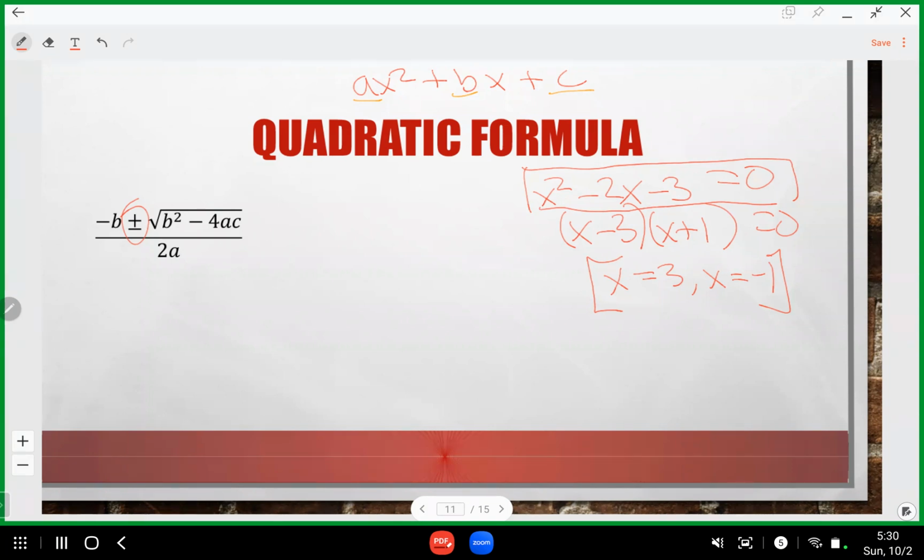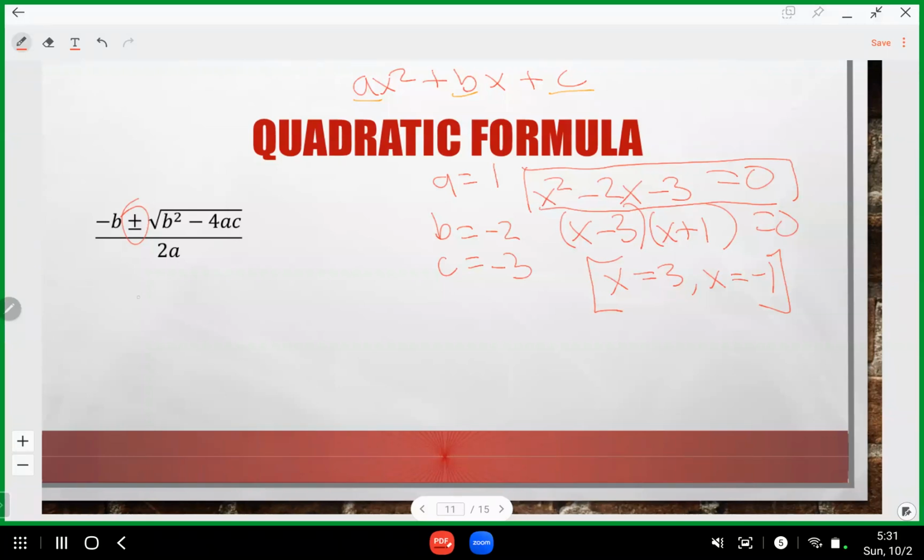All right, so now let's solve, all right? So while we're at it, William, what are the a, b, and c terms of x squared minus 2x minus 3? So a is 1, b is -2, and c is -3. All right, great. So could you fill in this formula for me?